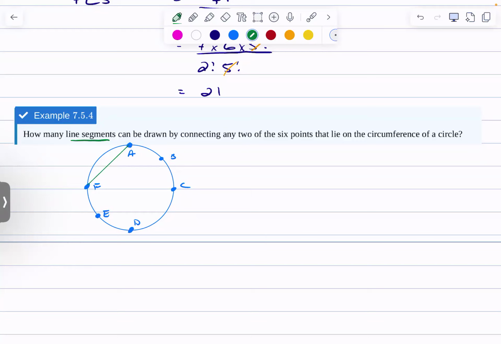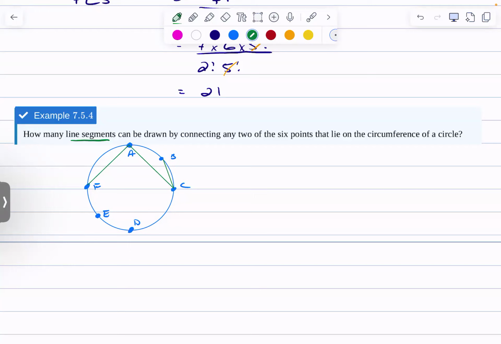Could be A to F, but A to F is the same as F to A. And A to C is the same as C to A. And so instead of drawing all these out, we could even go B to C. Line segments are just combinations of 2 letters.